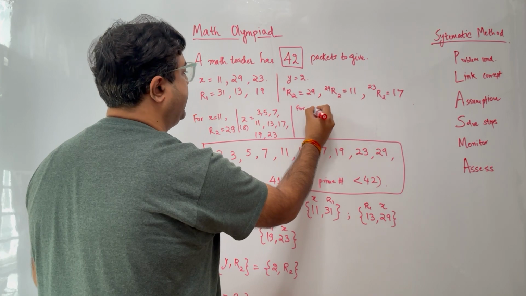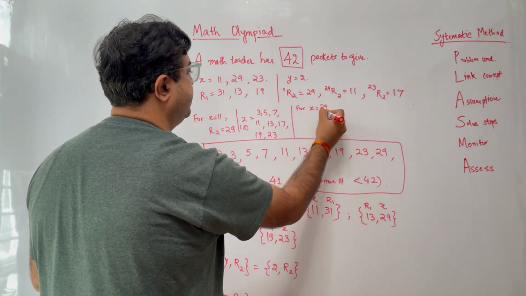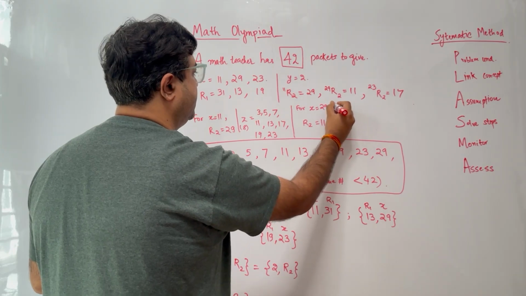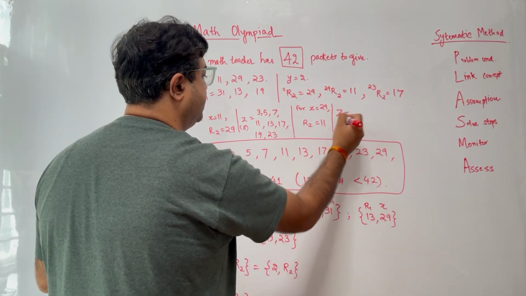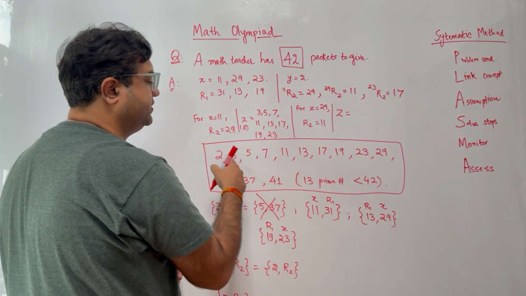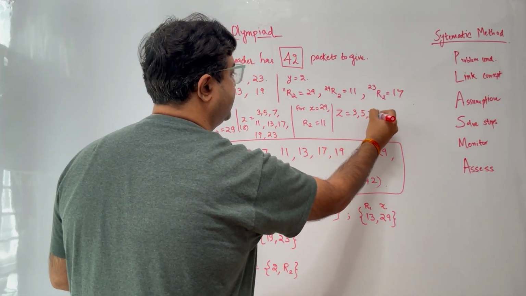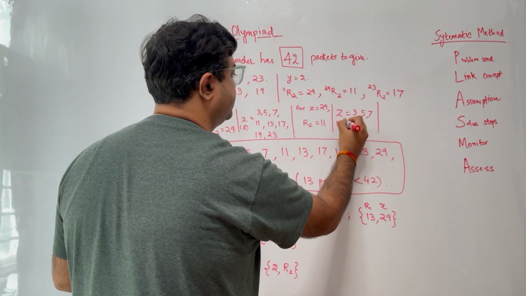Next, for x is equal to 29, R2 is 11. So when R2 is 11, then we can only take 3, 5 and 7. So 3 values.